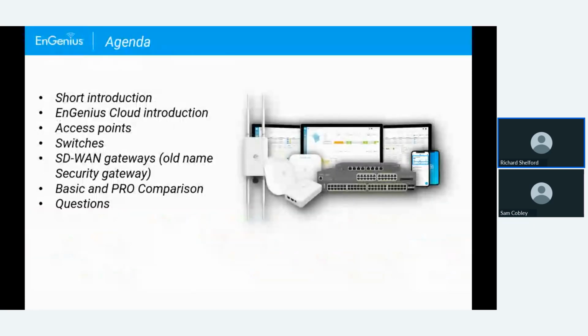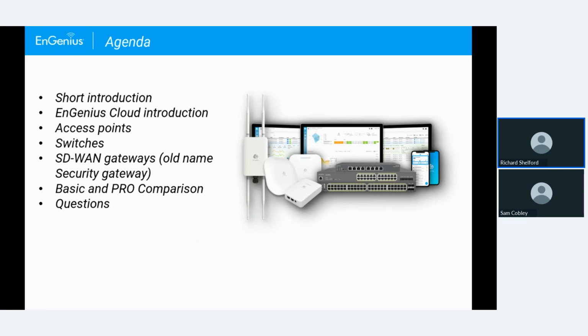We're going to cover a short introduction to the solution, well, the short introduction to Open Reality, which is done, then an introduction to the EnGenius Cloud solution and the AI Cloud, the family of devices that can be managed by it, so the access point, the switches, the SD-WAN gateway, the old name for which was the security gateway.